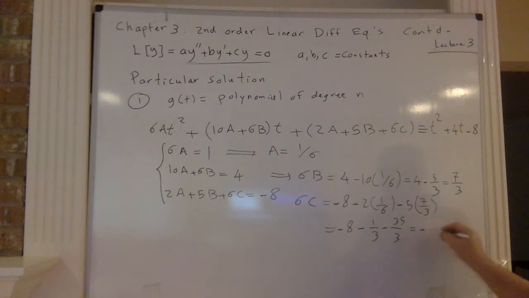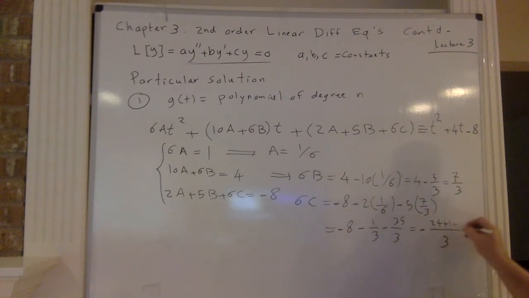So it's minus something. 3, 24 plus 1 plus 35. That's 25, 35, that is 60, isn't it? I guess it's minus 60 over 3, which is minus 20.